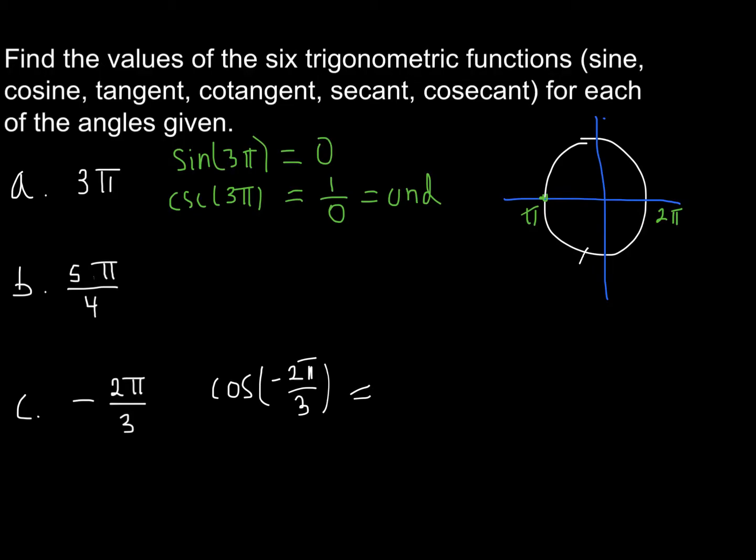So I'm going to be down there, and the cosine, of course, is the x-coordinate. So this will be negative 1/2. And then let's find the secant. The secant of negative 2 pi over 3 is the reciprocal of cosine. So it's going to be negative 2.